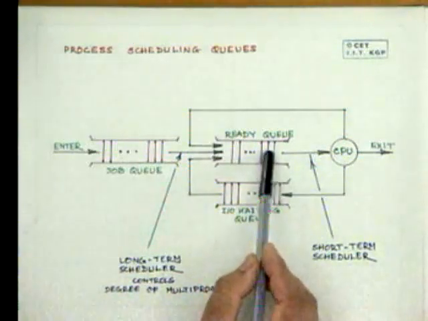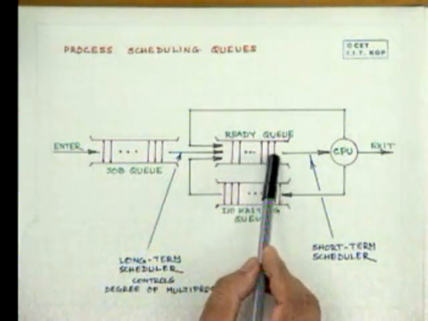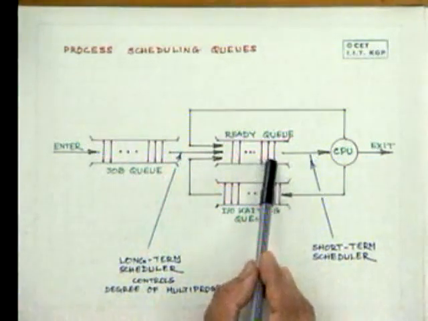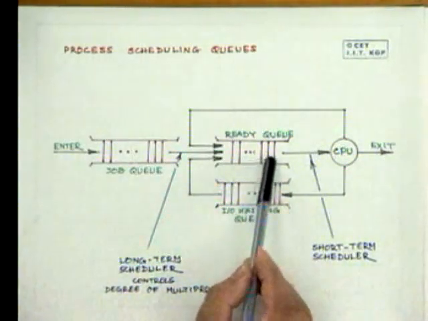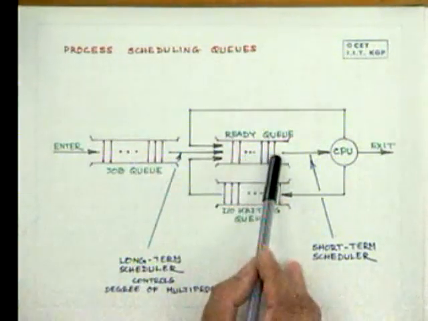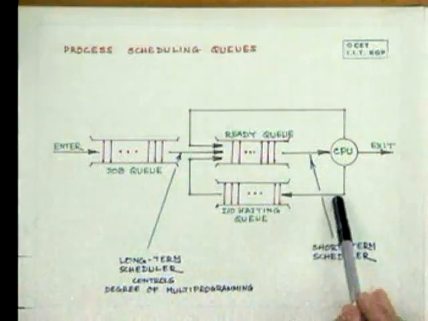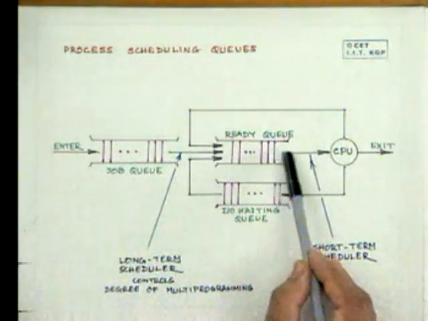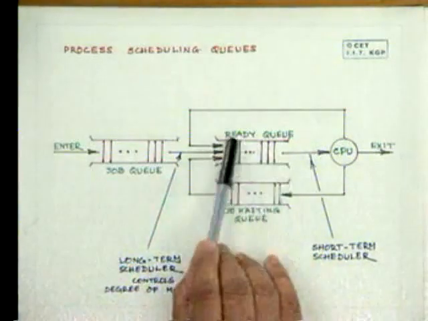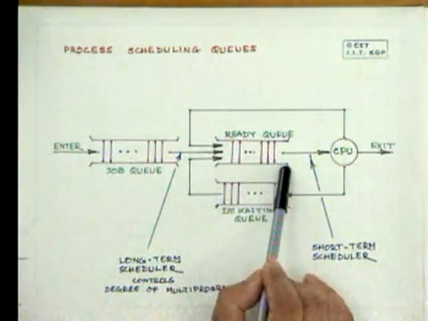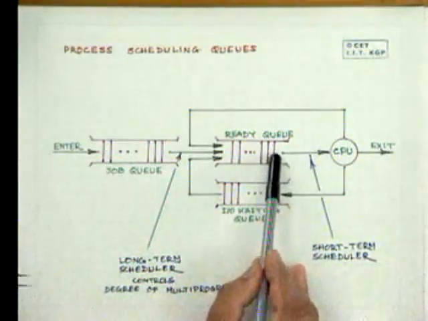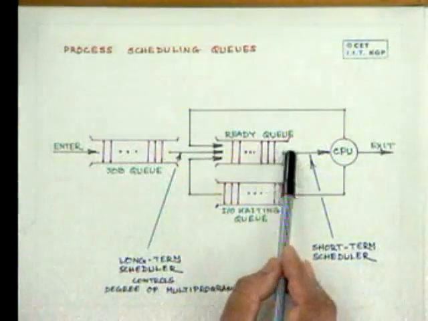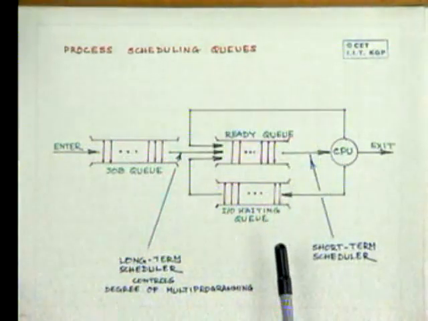We can arrange the ready queue according to different criteria, like priority, etc. That also we'll discuss. The short-term scheduler takes one process from the ready queue, and since I'm talking about a queue, I am assuming that whichever is at the front will be taken out and put into the CPU.